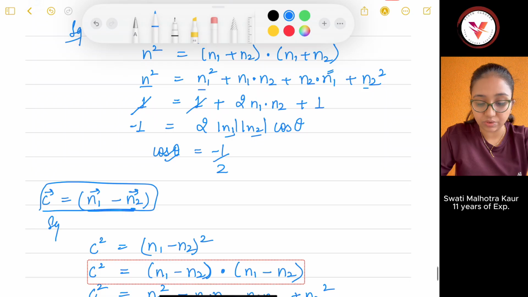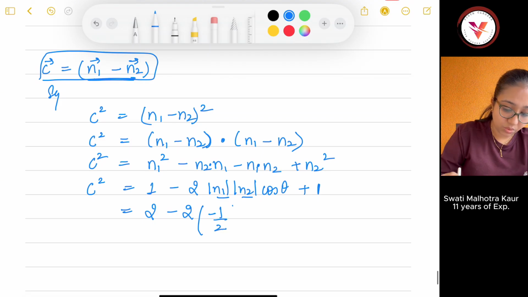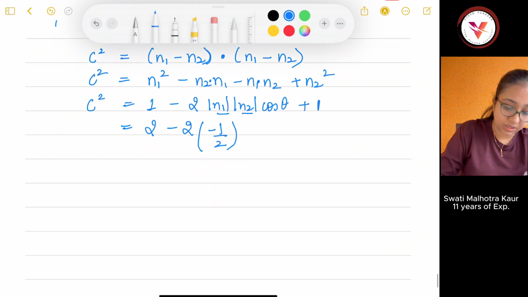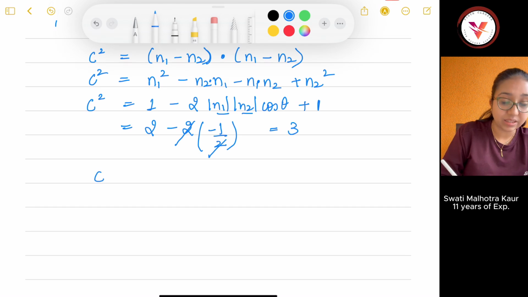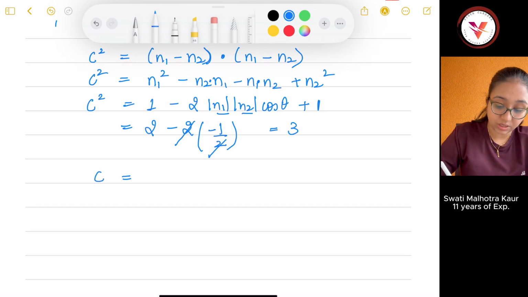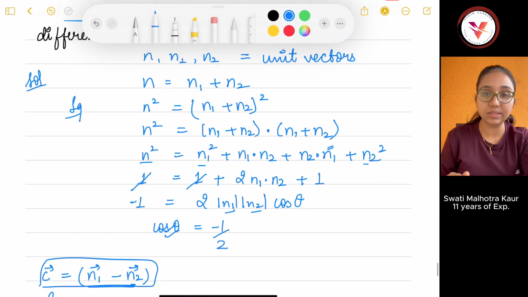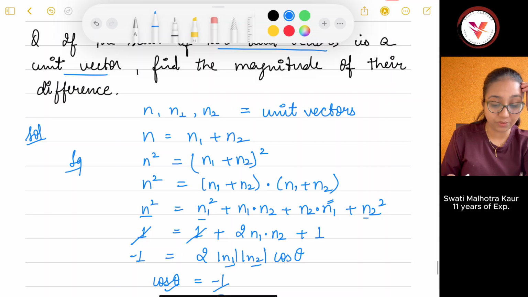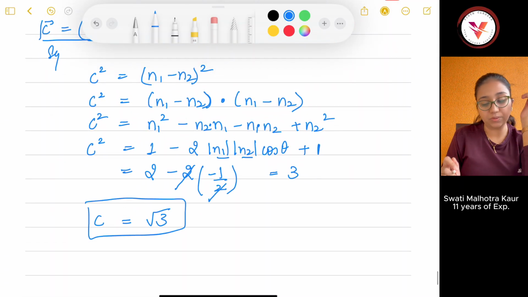So we can use its value here, minus half, and then you can cancel 2, and minus and minus become plus 1. 2 plus 1 is 3, and that C, which is the n1 minus n2 difference, comes out to be root 3. So you can remember that if the sum of two unit vectors is equal to a unit vector, then the magnitude of their difference is root 3. If you are in competitive exams, you can use this.